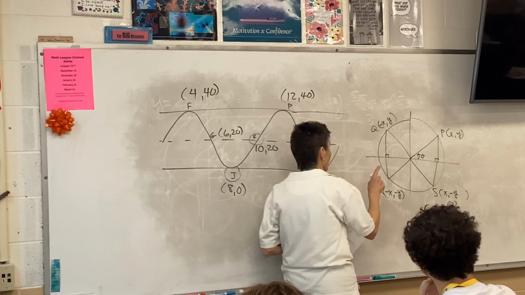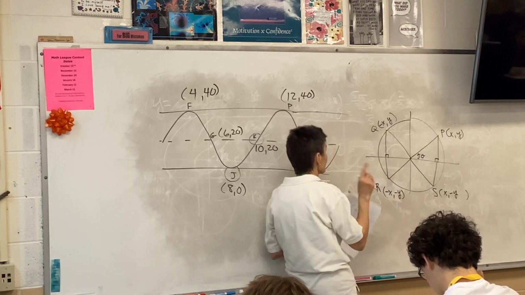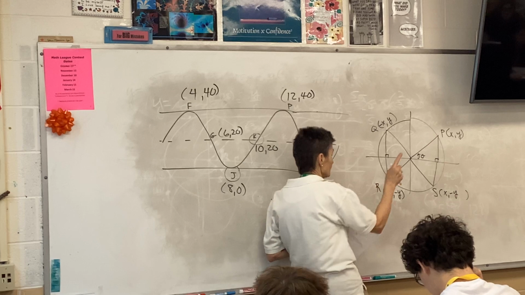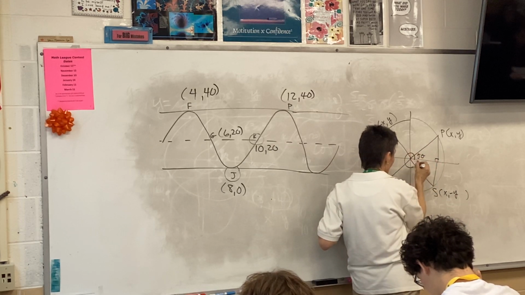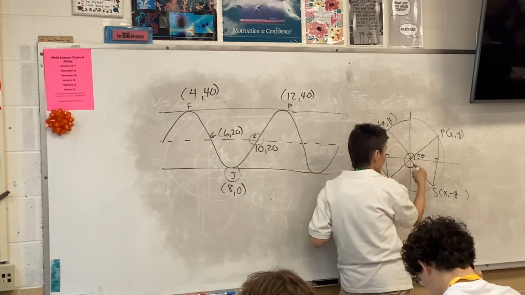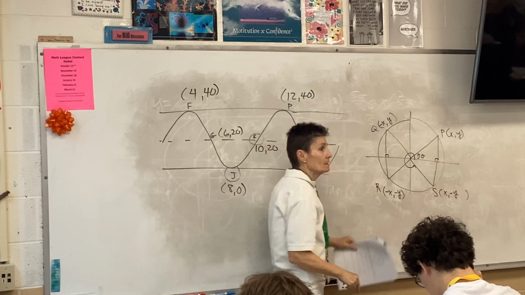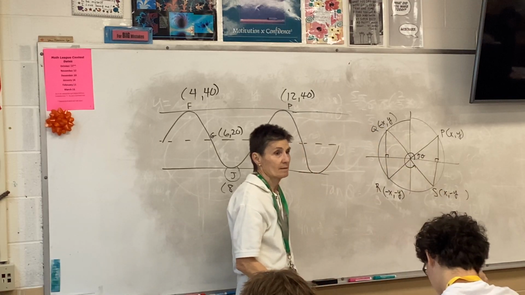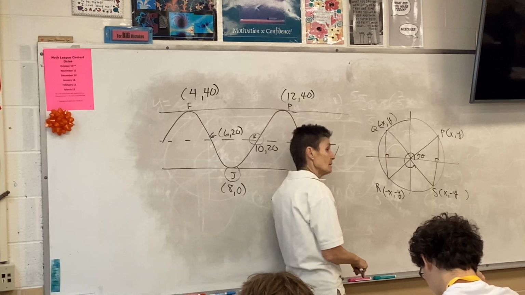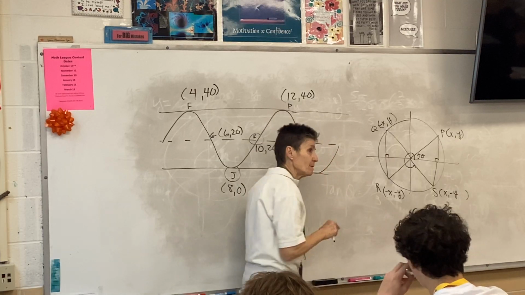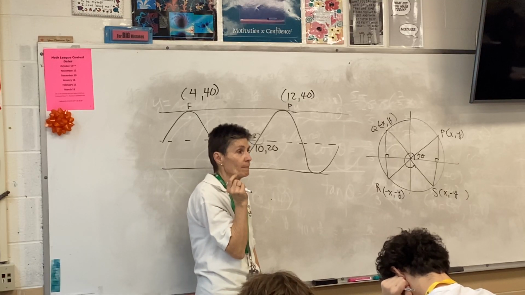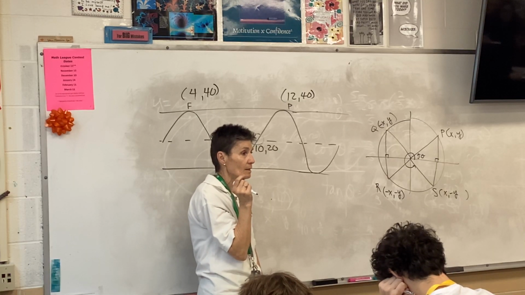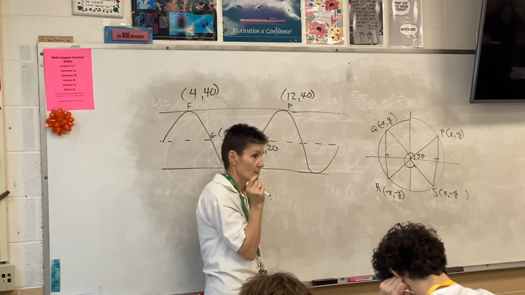Now, we want to know what the sine of the angle, it would be this angle right here, the sine of the angle that creates point S. What would the sine be? Think of your definitions. What's sine by definition? Sine is y over r.